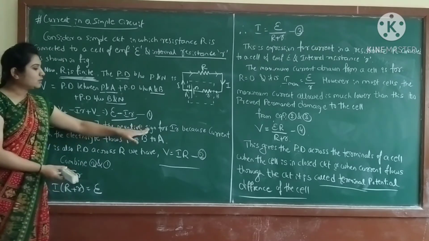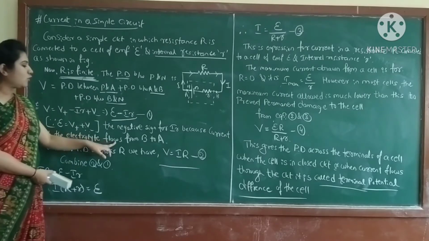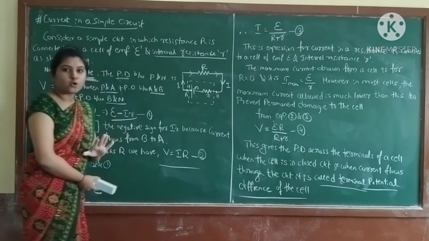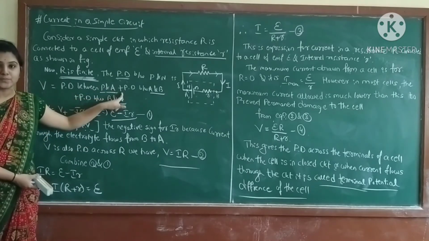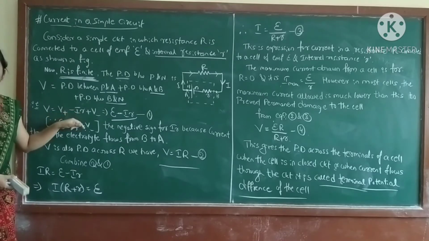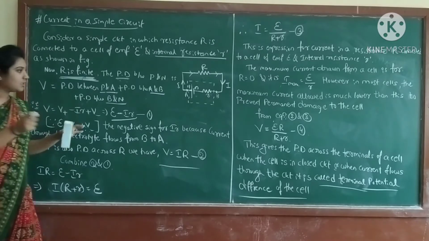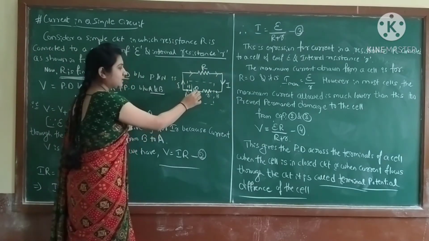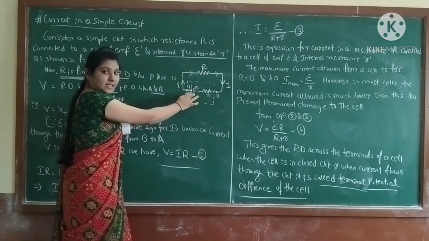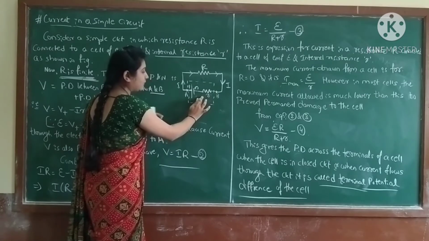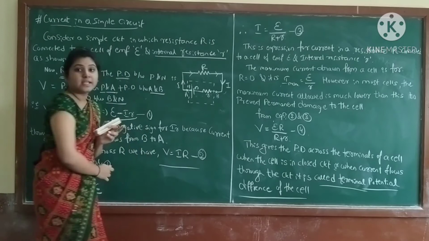Then the negative sign for the Ir is because the current through the electrolyte flows from B to A. See here, I told you that it is positive there, but here we consider negative, because the current is now flowing from B to A. Usually the current flows from the positive terminal P to the negative terminal L, but now the current is flowing from point B in the reverse direction.